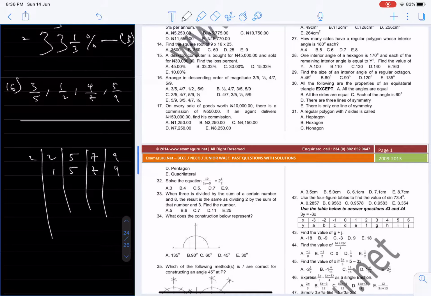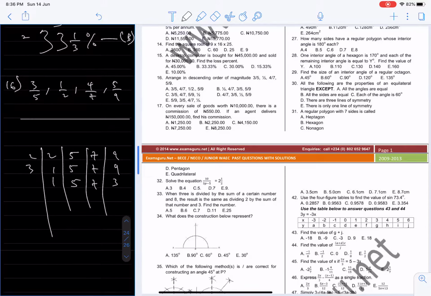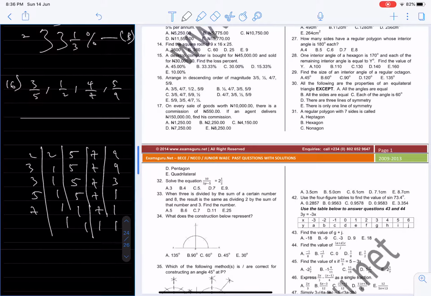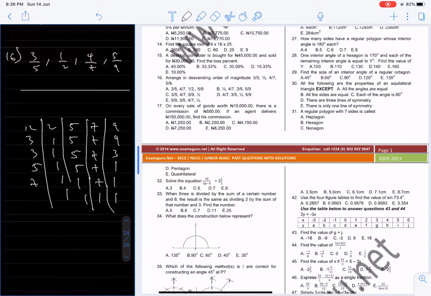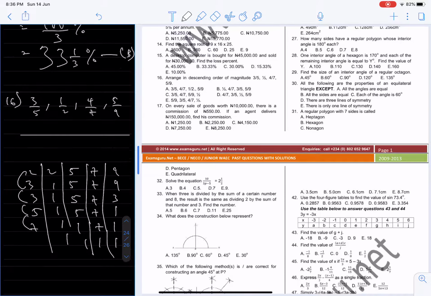I'm finding the LCM. 3, 1, 5, 7, 3. 3, 1, 5, 7, 1. 5, 1, 1, 7, 1. And then 7, 1, 1, 1, 1. So the LCM is 2 times 3, 6, times 3, 18, times 5, that's 90, times 7, 630.